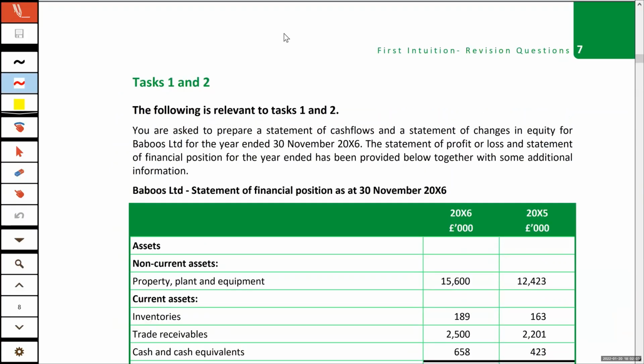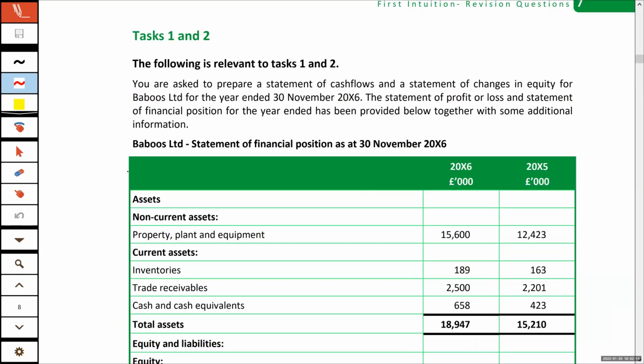If any one of you have had a chance already to have a look at these tasks, this task is about preparing a statement of cash flow, which I assume a lot of you love doing. So this task is about preparing a statement of cash flow and a statement of changes in equity.